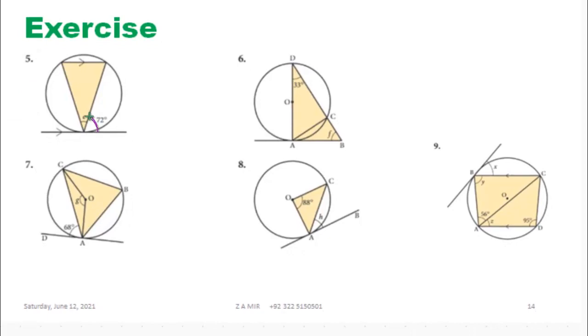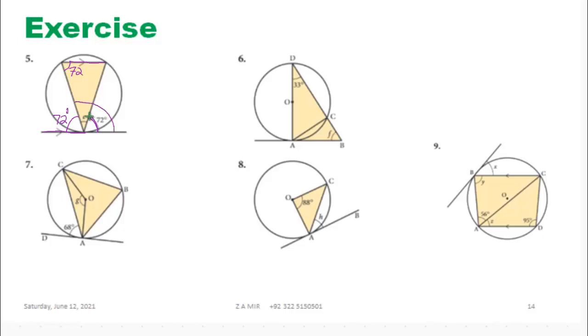The angle 72 is the angle between the chord and the tangent, and this angle will be equal to this angle according to the alternate segment theorem. And now you can observe these two are parallel lines, and the angle 72 and this angle are alternate angles. So this is also 72 degrees.